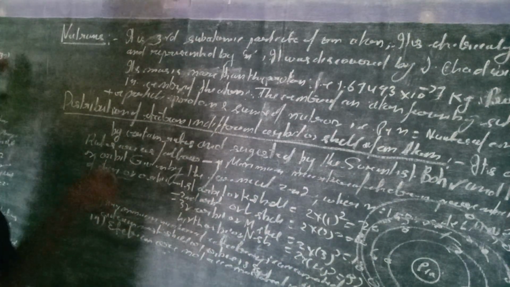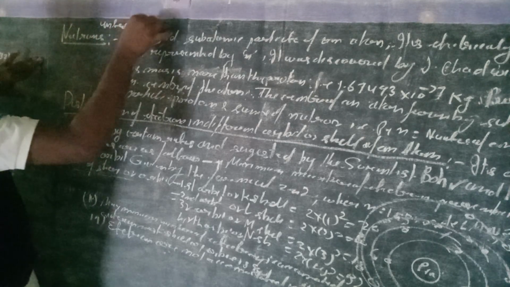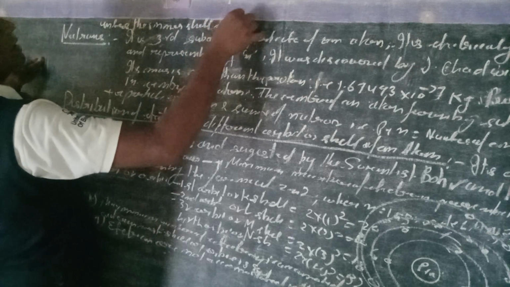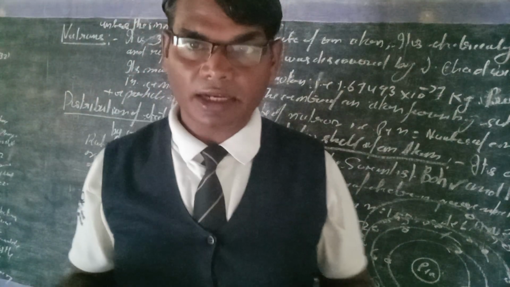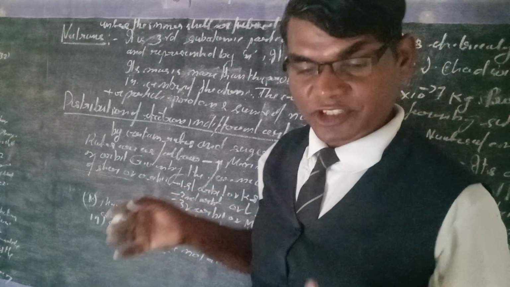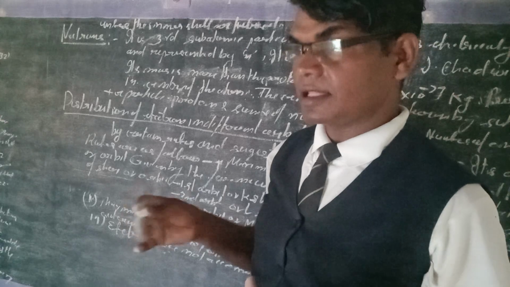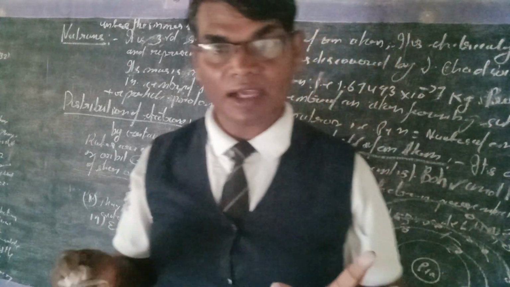These are the three rules. With the help of these three rules and the 2n squared formula, we will fill the electron cells one by one, following the rules of Bohr and Bury.